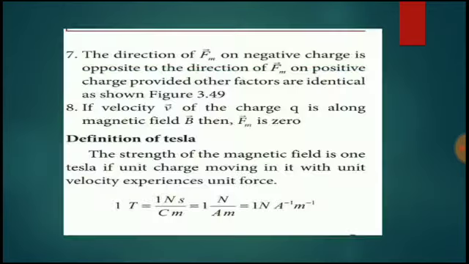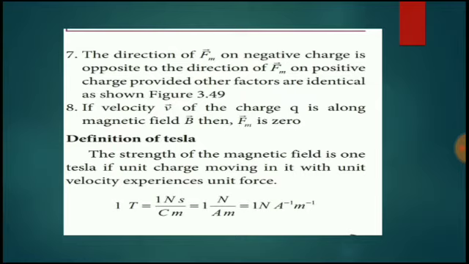Continuing, the seventh point: the direction of force on a negative charge is opposite to the direction of the force on a positive charge, other factors being the same. Eighth point: if the velocity V of the charge Q is along the magnetic field, then the force will be 0.